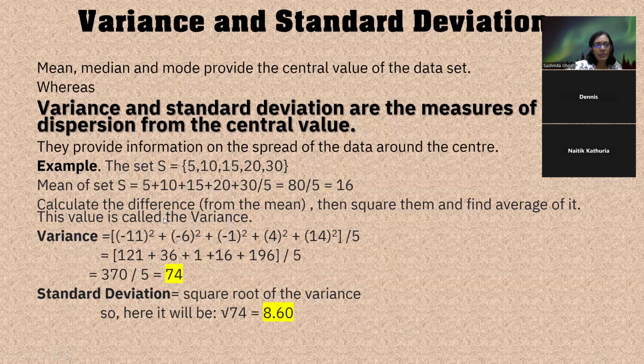Now to calculate the variance, what you are calculating is how much above or below the mean it is. So 16 is my average value coming here, central value coming here. I will not use the word average because basically we use average for mean. So whether it's a median value or mode value, we'll call it the central value. It's a more generic term. So 16 is my central value.